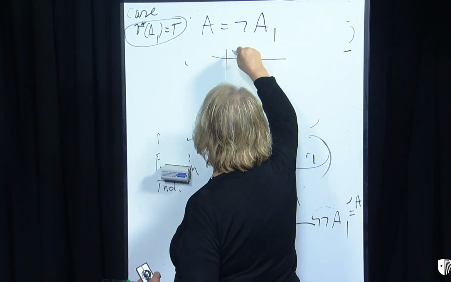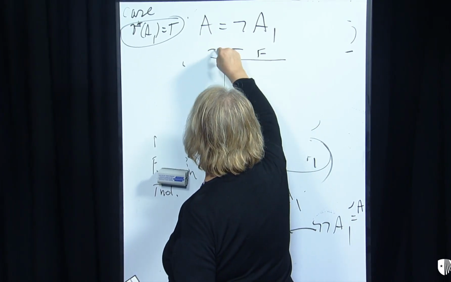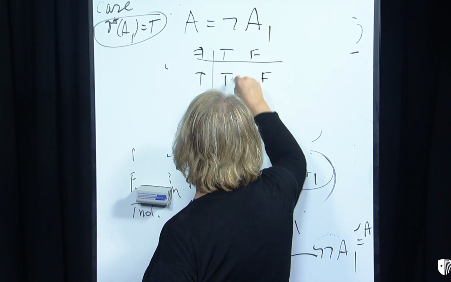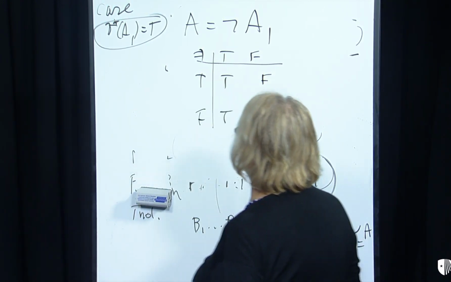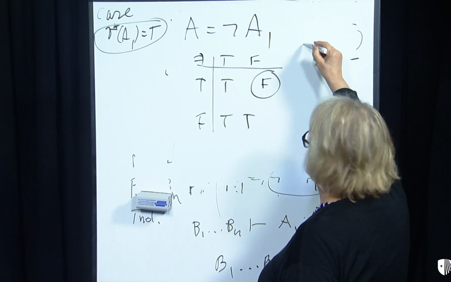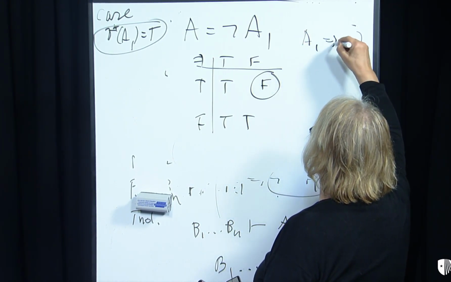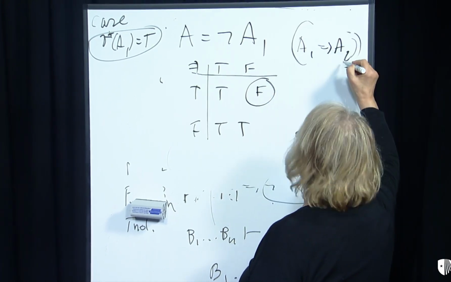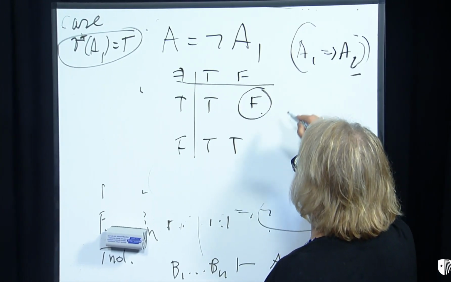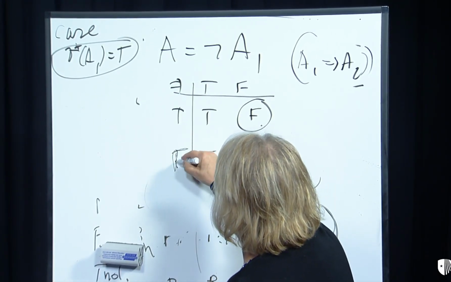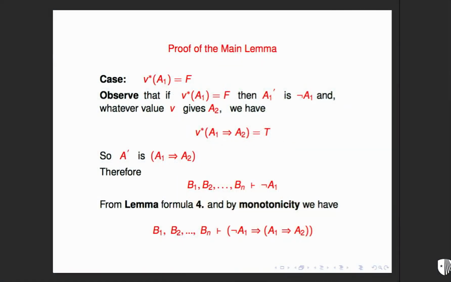So I have T, F, T, F, F, T, T, T. So you can see if you have A1 implies A2, if A1 is F, A2 is always true.